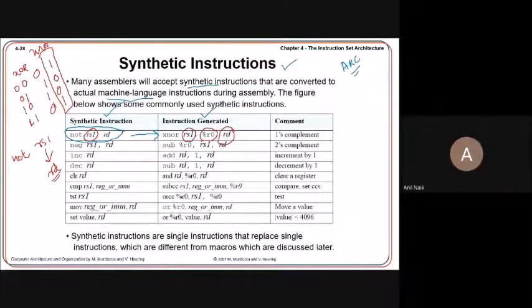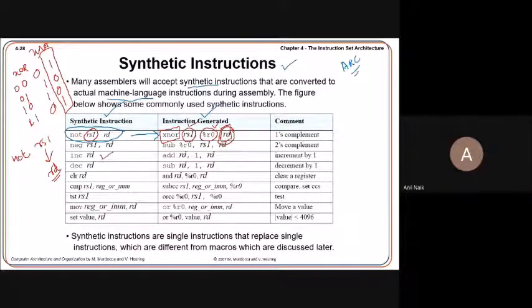So it takes the value from RS1 and R0, performs the logical XNOR, and stores the result in the particular destination register.